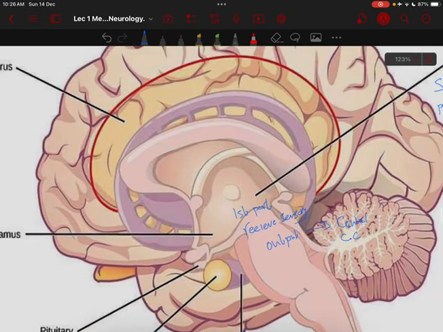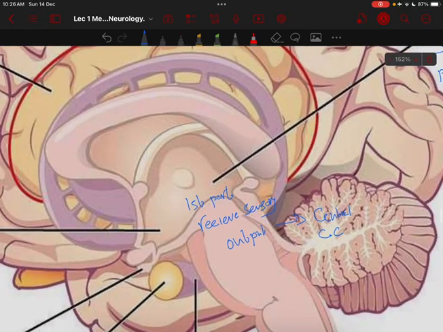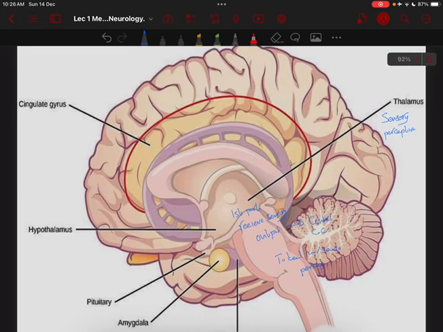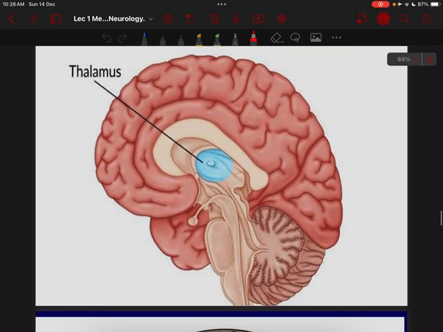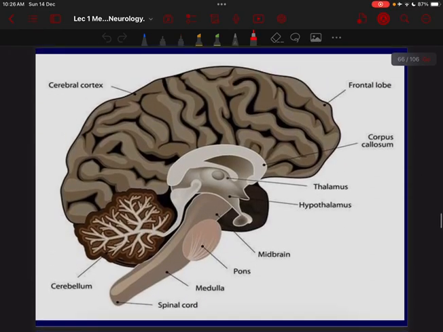عندنا الثالاموس وعندنا الهايبوثالاموس below it. This is the thalamus. Sensory information comes to the spinal cord, to the thalamus, then goes up to the sensory cortex. Now, cross-section. This is cerebral cortex. This is the thalamus.